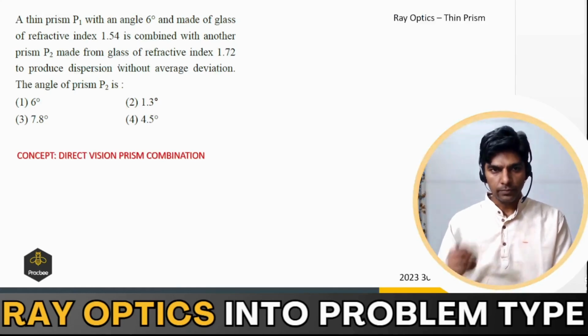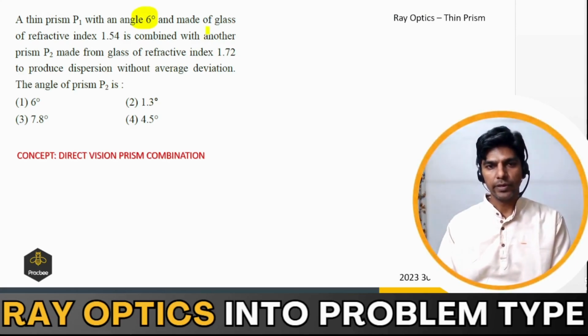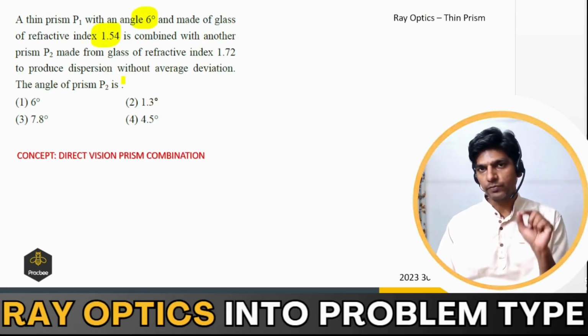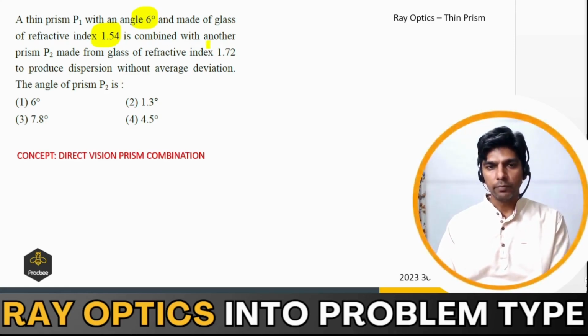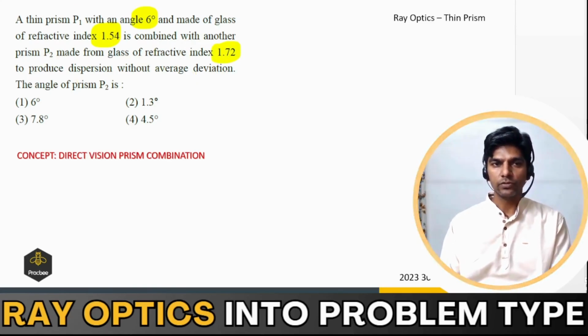So let us see a question. We are given a thin prism P1 which has an angle of 6 degrees, made of glass of refractive index 1.54. If a single refractive index value is given, that value corresponds to yellow light. It is combined with another prism P2 made of glass of refractive index 1.72 to produce dispersion without average deviation. So there is no deviation.